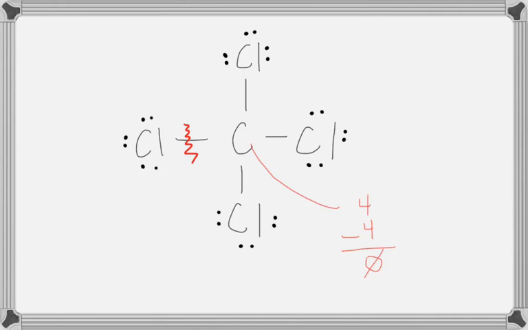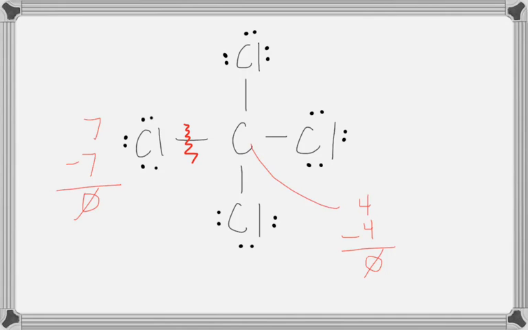Now, I'm going to go over here on the left. I'm going to start with this chlorine, and we'll work our way around. According to the periodic table, how many valence electrons should chlorine have? 7. How many does that chlorine in that structure have? Count the dots, and then count the bond one time. That chlorine has 7, doesn't it? So its formal charge is 0. Now I'm going to go to the chlorine on the bottom.